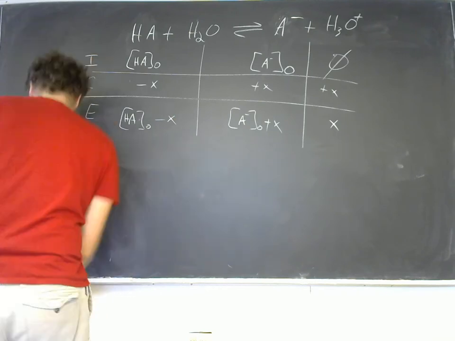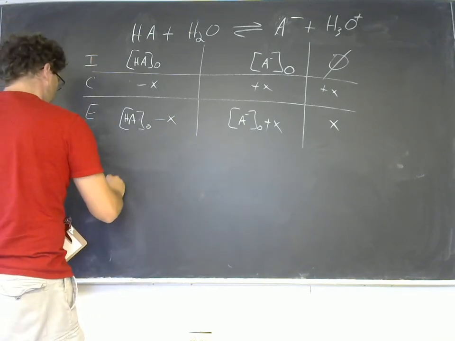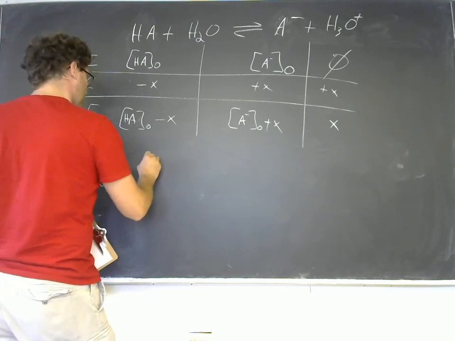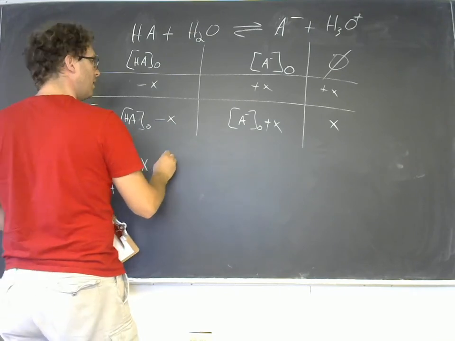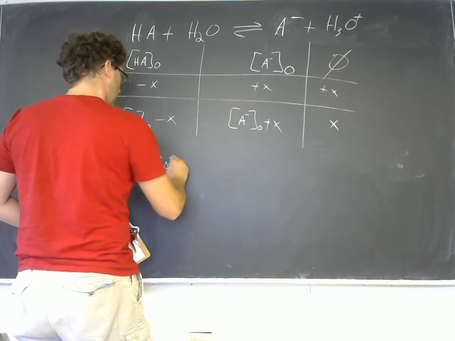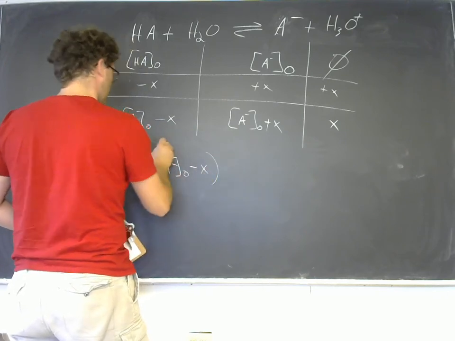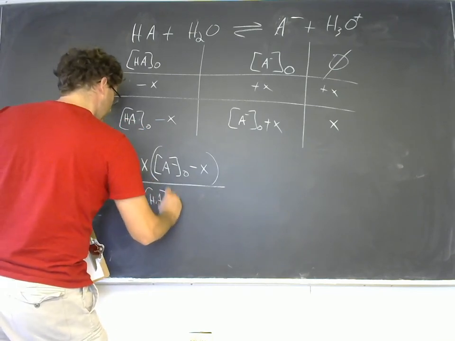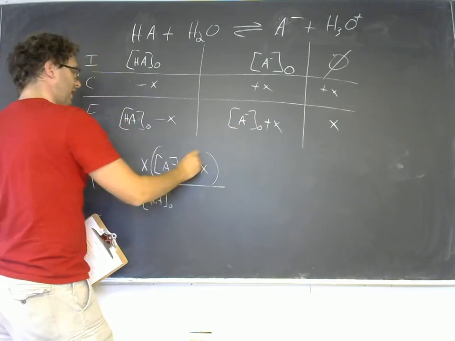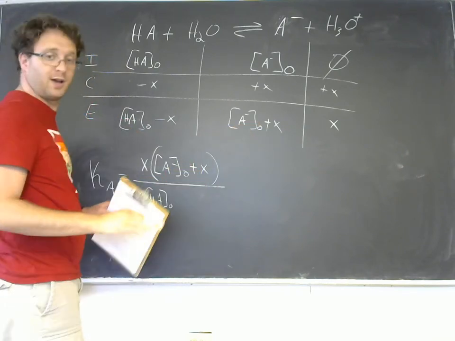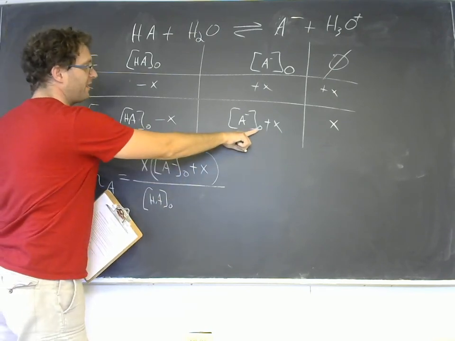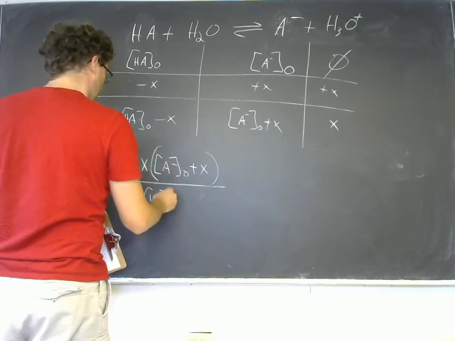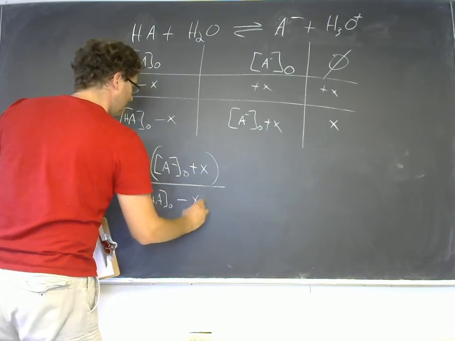And so I know that Ka, the acid dissociation constant, is going to equal x times A minus not plus x, that's the initial base concentration plus x, over HA not minus x.